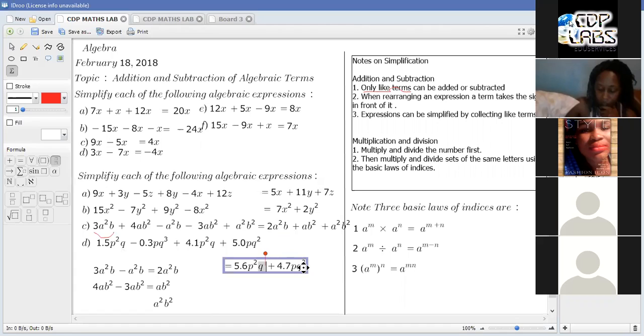That's not it. You're not finished yet. But by the way, you get 4.7 pq cubed. Which one do they match with this? You tell me which one they match with.